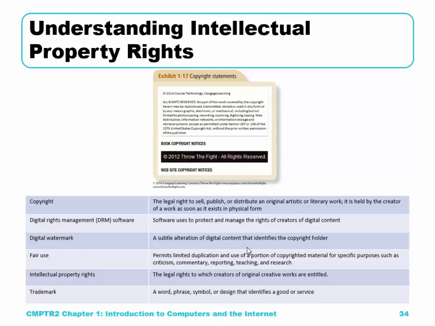Copyrights apply to both published and unpublished works and remain in effect until 70 years after the creator's death. Copyrights for works registered by an organization or as anonymous works last 95 years from the date of publication.